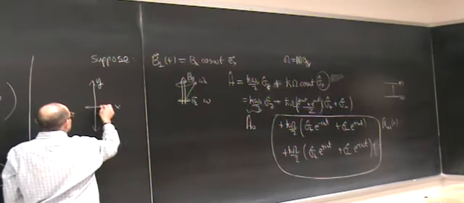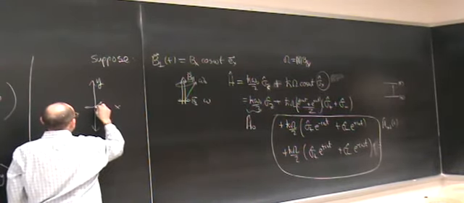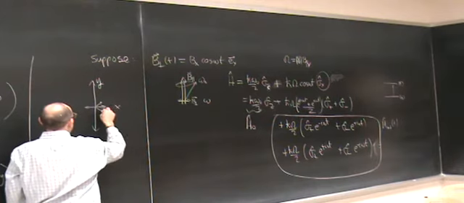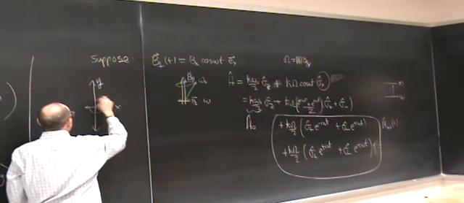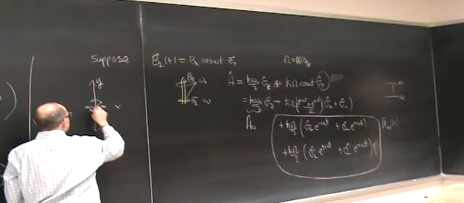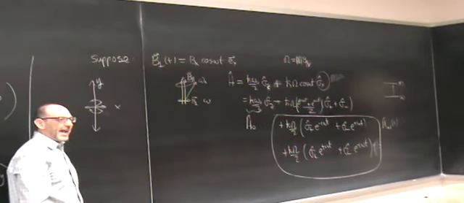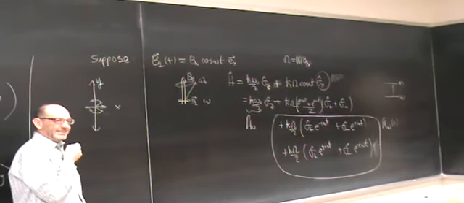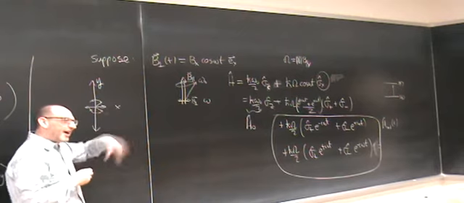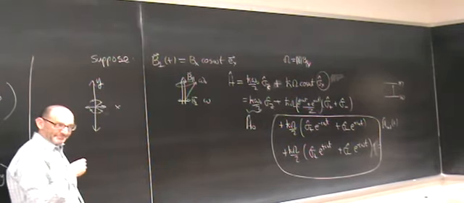This is a linear combination of something rotating clockwise and something rotating counterclockwise. Any linear oscillation is a superposition of right and left circular.